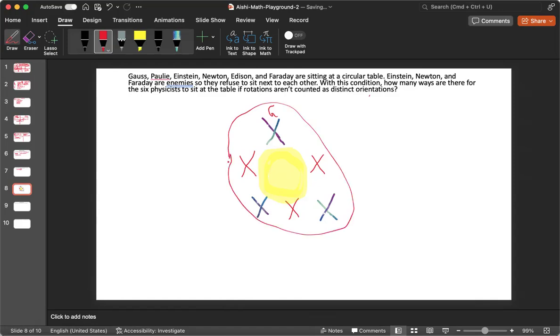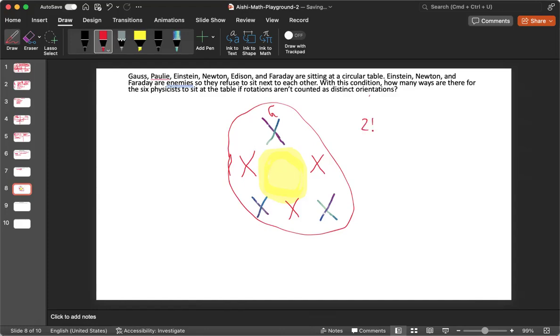But this is not the only way we can arrange everyone, because they are different people. But this is the way you have to put them, where the enemies should go and where the people without enemies should go. Since we've already fixed Gauss at the top, there would be 2 more people left without enemies.